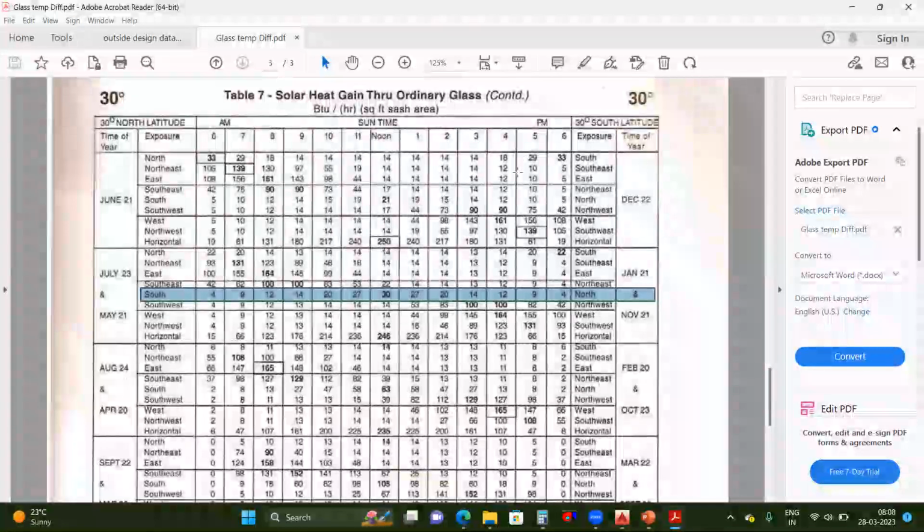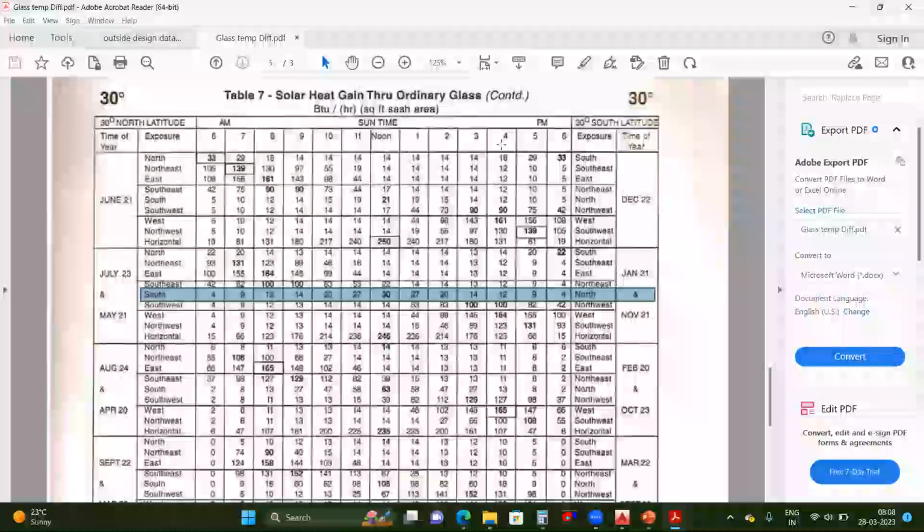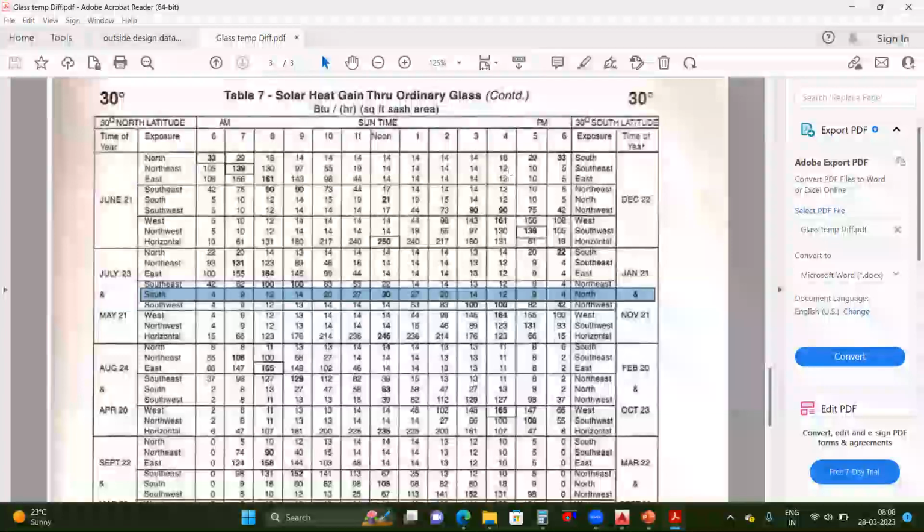Why am I taking the 4 p.m. values? Because as per records, the highest temperatures all over the world were recorded at 4 p.m. So we always recommend it and do the calculations based on 4 p.m. If you want to do calculations for other times, you can also take those.